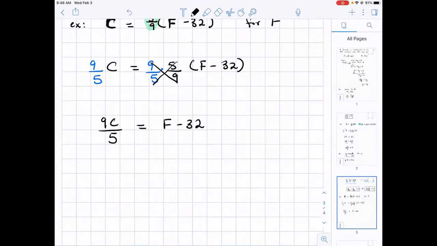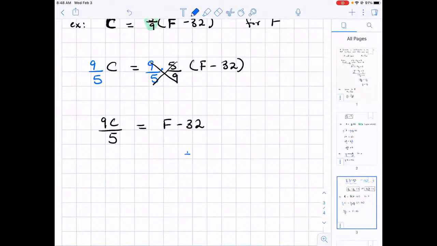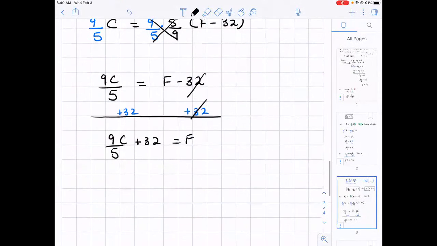Our goal was to solve for f, so now we will add 32 to both sides. And once we do this, we have 9 over 5c plus 32 is equal to f, and this will become 0 in the end.